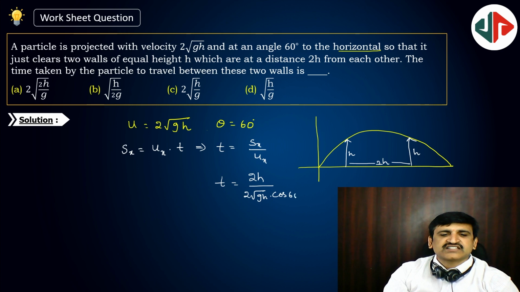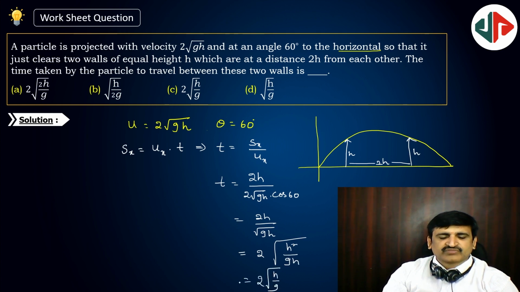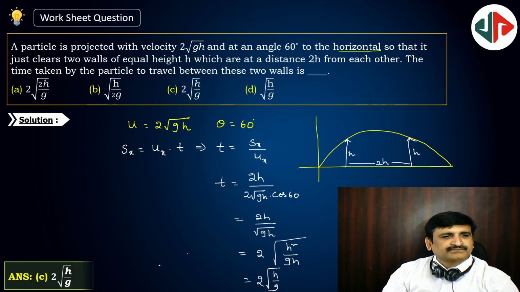Cos 60 is 1 by 2, 2 will go. So 2h by root gh. 2 can be kept outside and h can be taken inside. So h square by gh will come and h will go. It will be 2 root h by g. Option C is correct. Next.